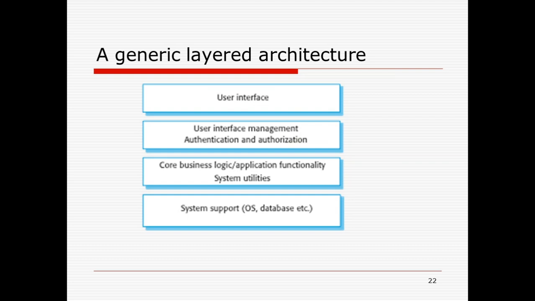So user management and user authentication are done via this layer. The core business logic and application functionality is in the next layer when the layered pattern is followed. And finally, the system support like OS and database is the lowest layer, the applied OS support and the database support.